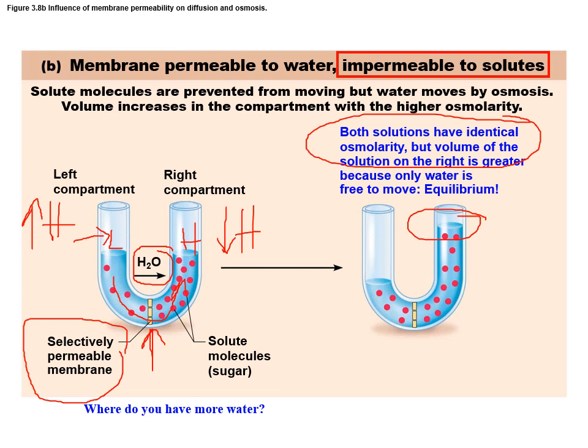So keep in mind that even though you're looking at this illustration going, the right side has more than the left side. Yes, but the osmolarity, the concentration of solutes and solvents, particles and water, is equal on both ends.